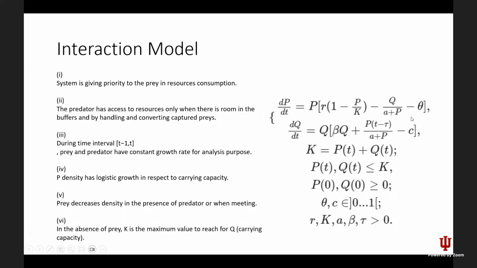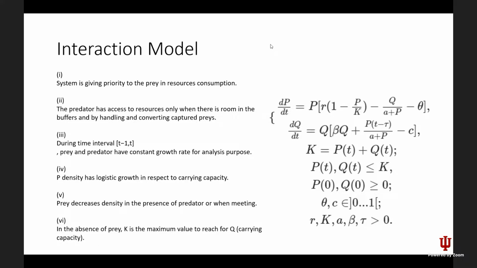The only difference is they add this theta and this c in both the prey and predator functions, and those are the decay factors per unit of time for the prey and the predators. So it's the initial equation with the addition of both theta and c.